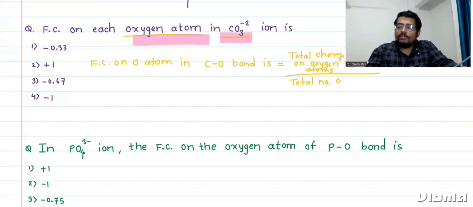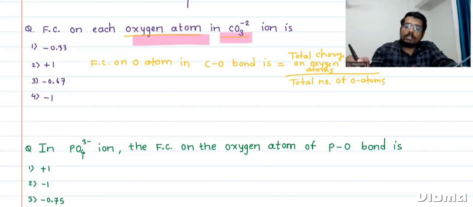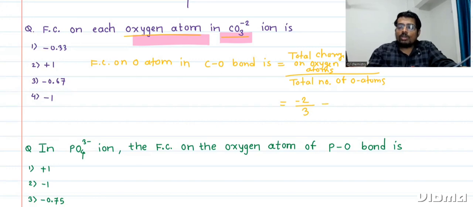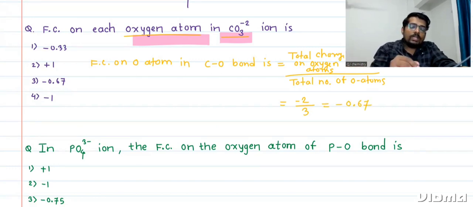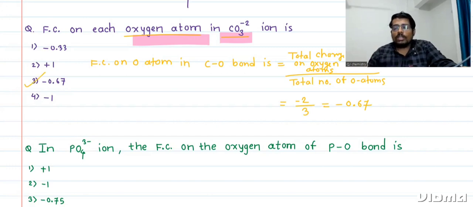The total charge on oxygen atoms is minus 2, and how many oxygen atoms are there? Total 3, right? So the formal charge is equal to minus 0.67. The formal charge on each oxygen atom in the carbonate ion is minus 0.67.